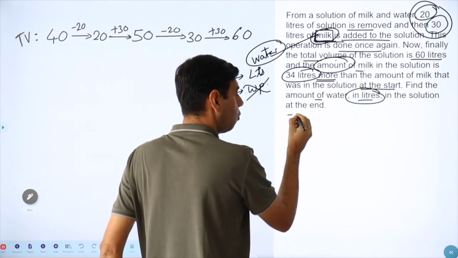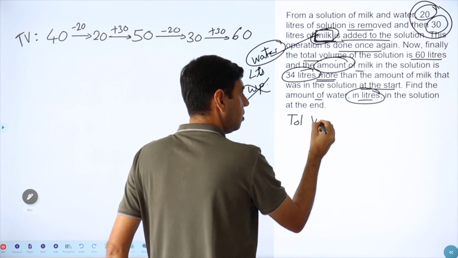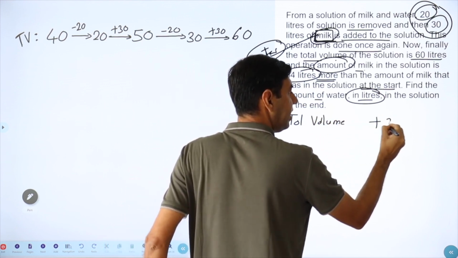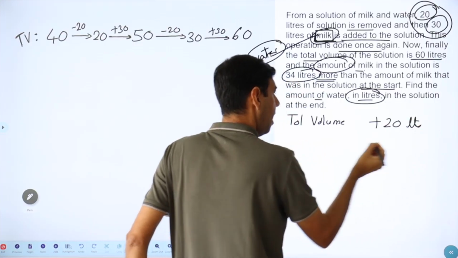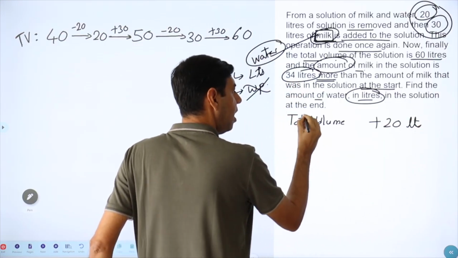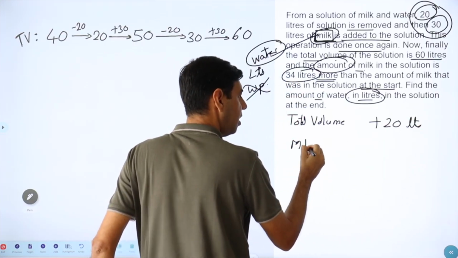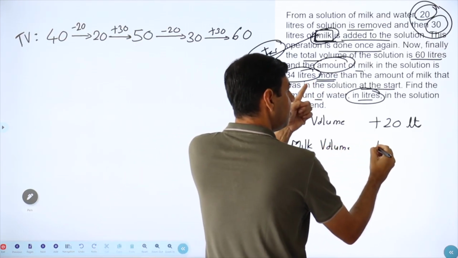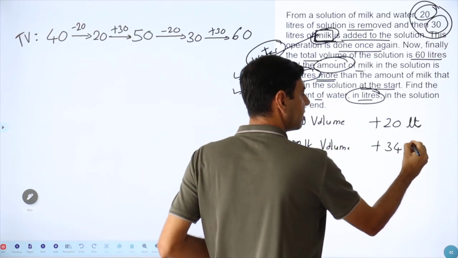So look here, the total volume has increased by 20 liters. But the milk volume in liters has increased by 34 liters.